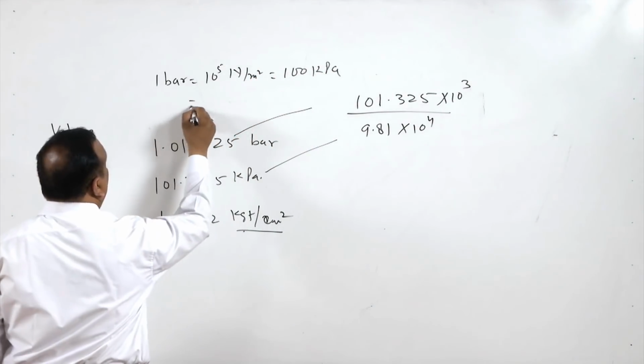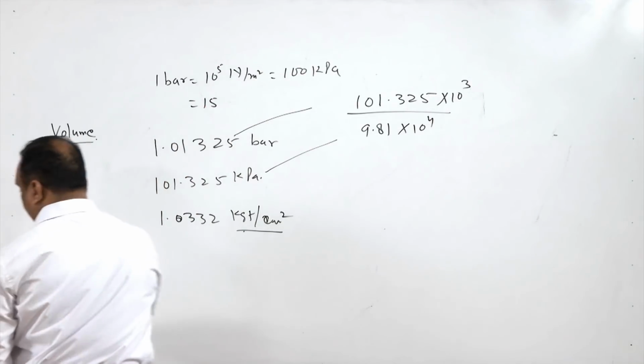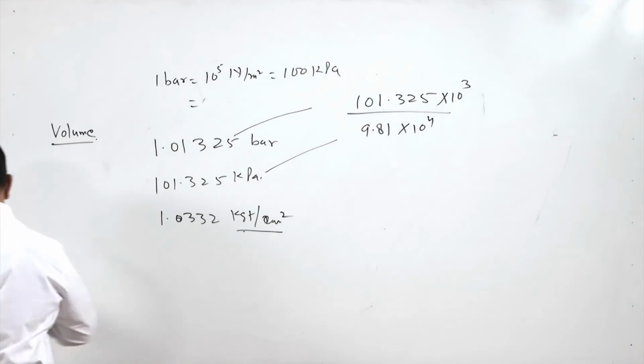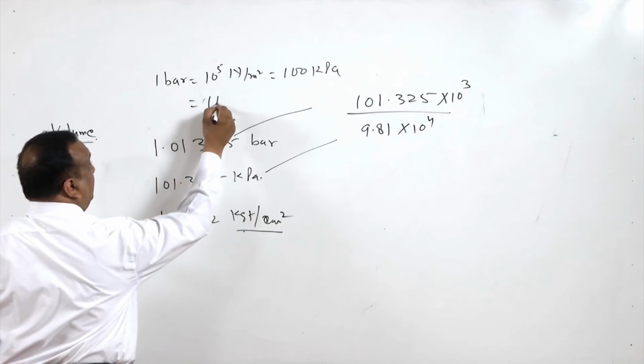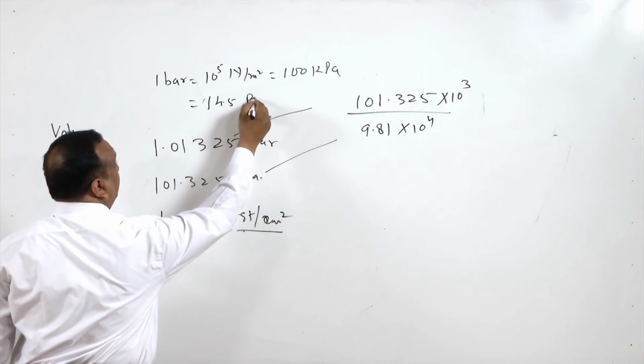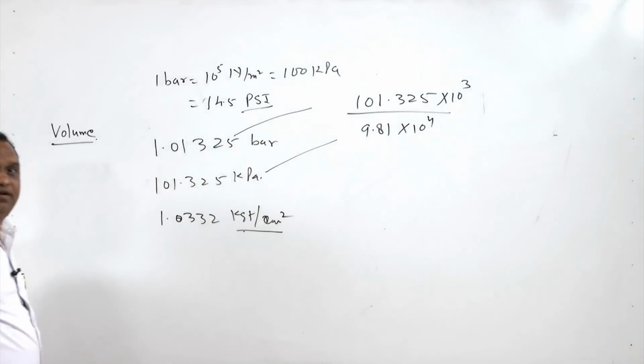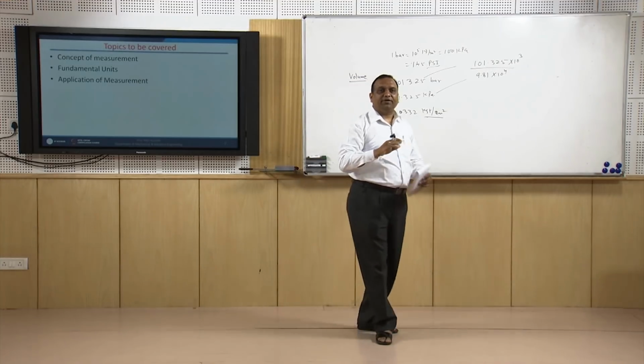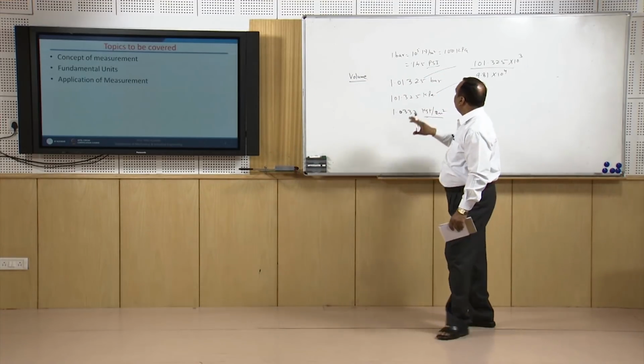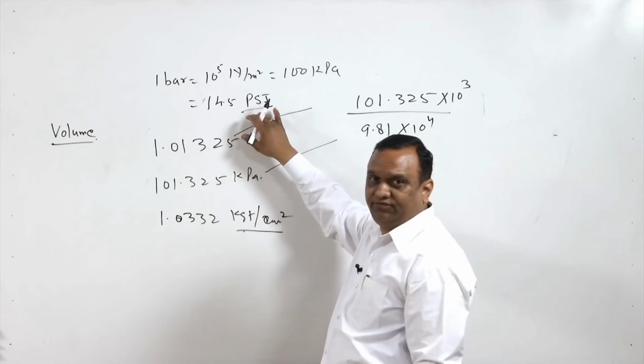Now 1 bar is equal to 14.5 psi. Now in the industries you will find there are number of pressure gauges which are expressing the pressure in terms of pounds per square inch.